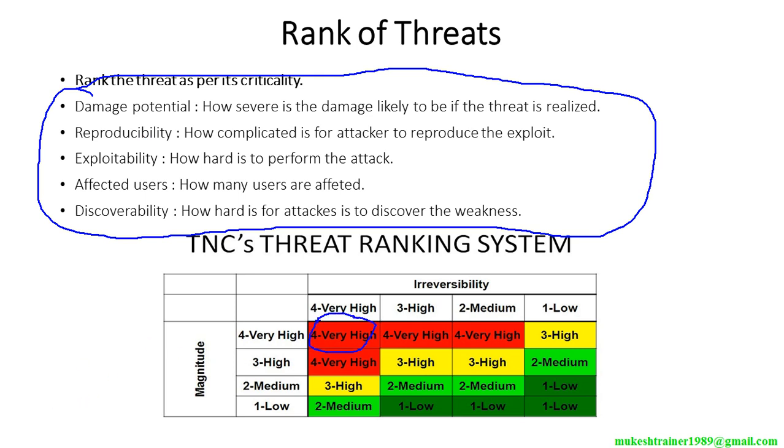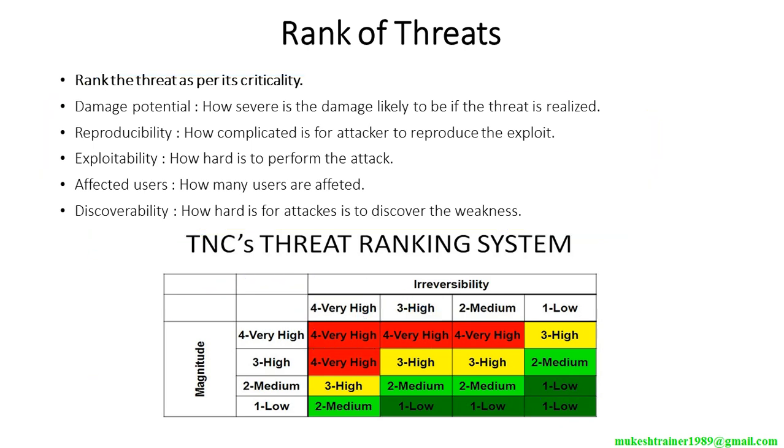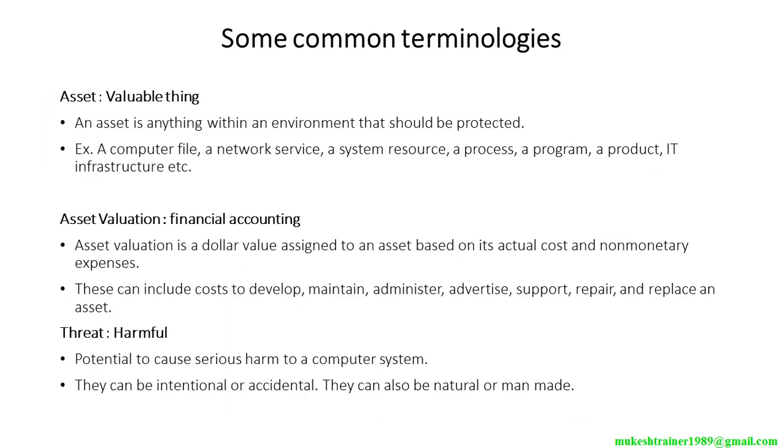Or the hacker cannot exploit it and it is very easy for you to find, and there are no users affected, so it can be very low. But if all the users in the network are affected, and it is very tough for you to find the threat and neutralize it, and it is affecting the entire network, so it can be a very high rank. So that is how you can rank the threats.